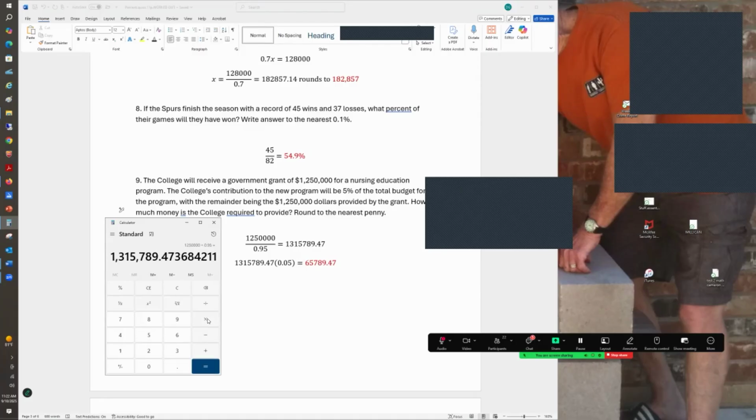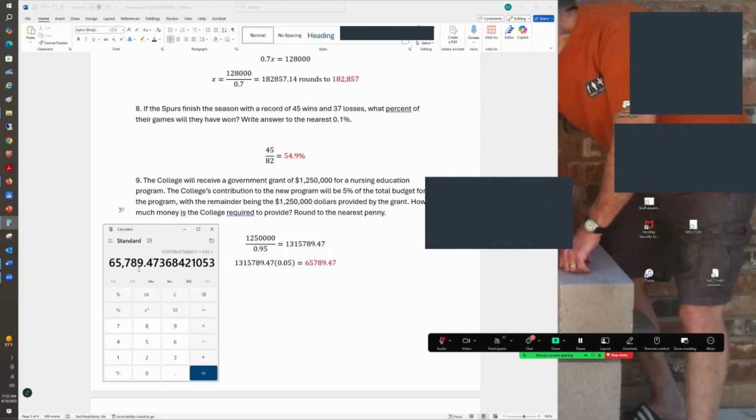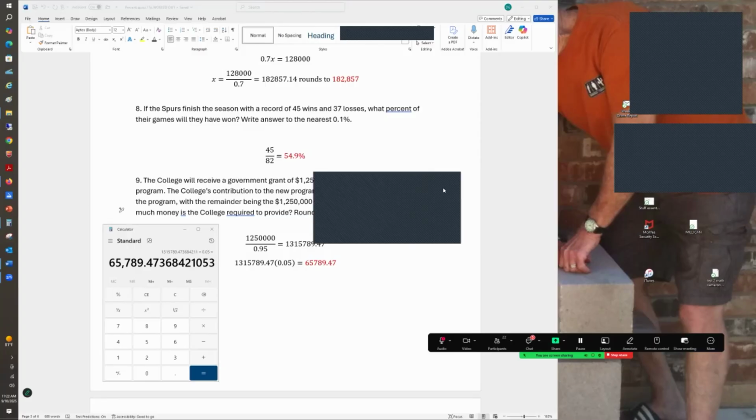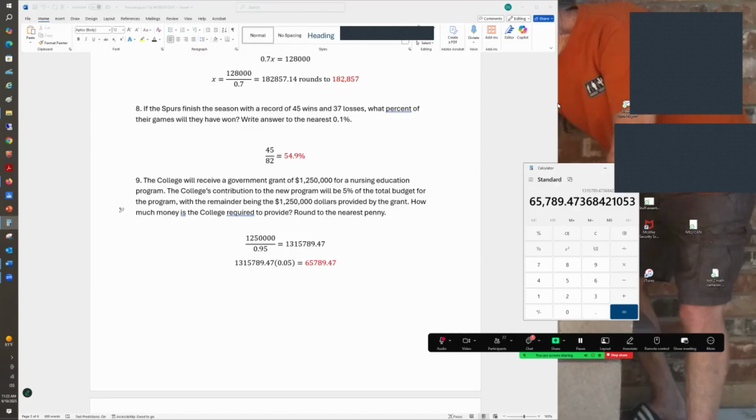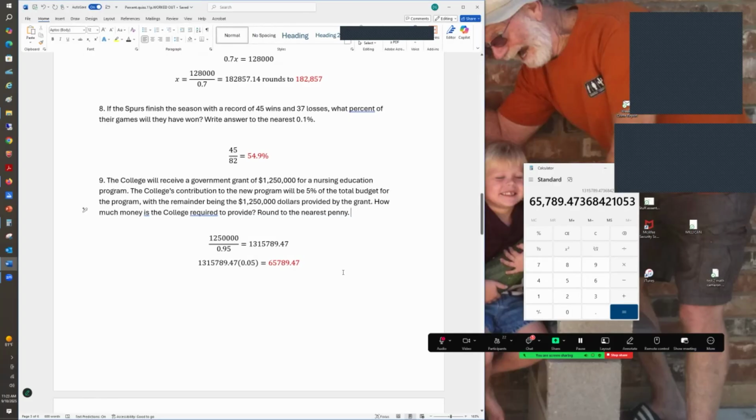I can just multiply it by 0.05 right now because the college pays 5% of the total budget. And that's $65,789.47. Well, shouldn't I round it off to 65,489? No. First of all, it says round to the nearest penny, but even if it didn't say that, if it's money, you always round to the nearest penny in my class, unless I ask you to round to something else. Marvelous.